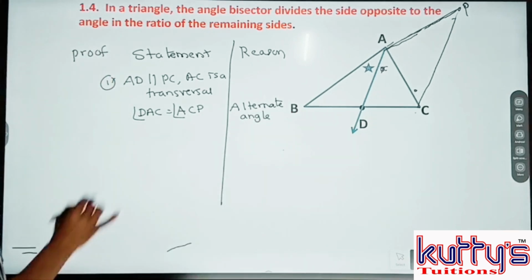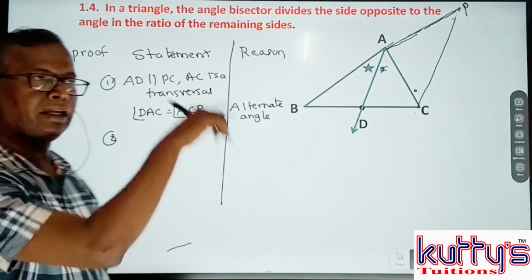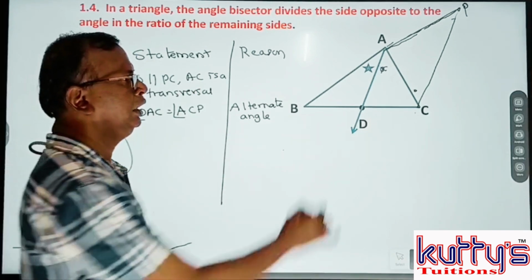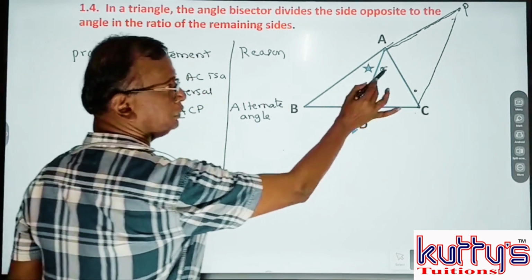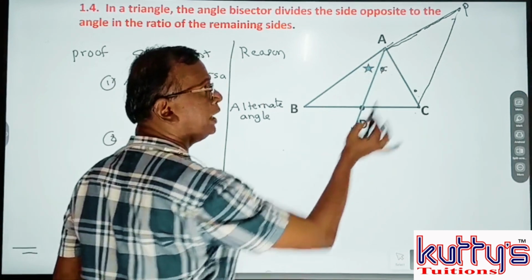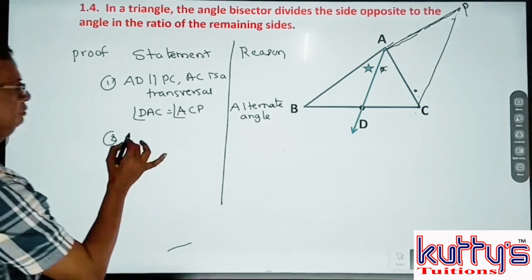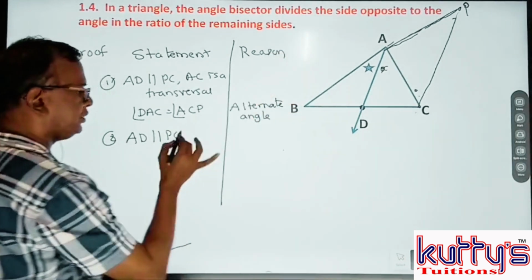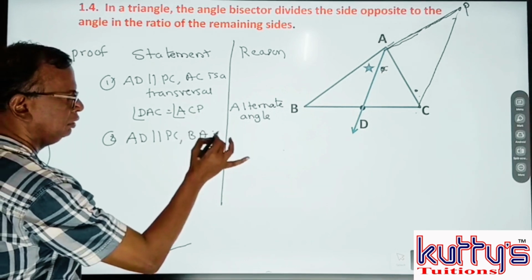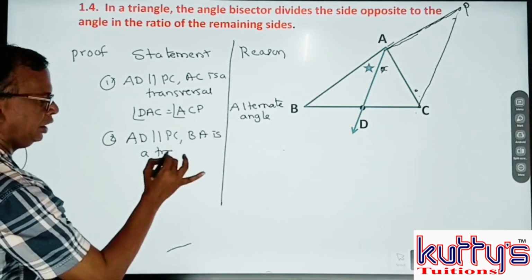Okay, now come to the second. Once again the same parallel line, but the transversal will be different. AD is parallel to PC, and BA is a transversal.